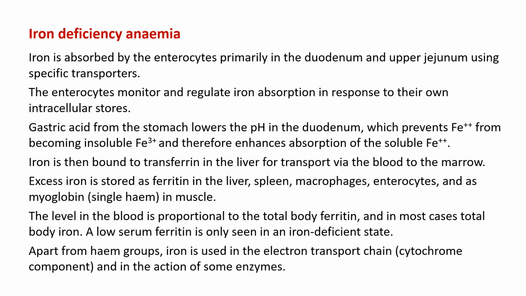So you can see the impact here. Not only are we reducing oxygen carrying capability, which affects cellular respiration, but we are also potentially reducing our ability to synthesize those proton pumps in the electron transport chain. Iron is also used in the action of some enzymes, particularly those in the central nervous system.